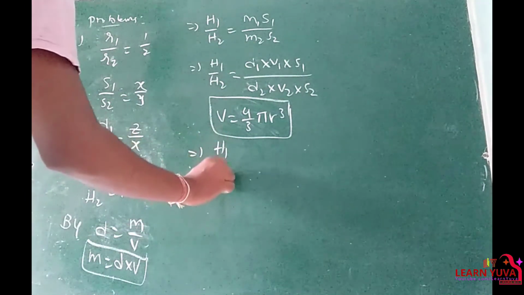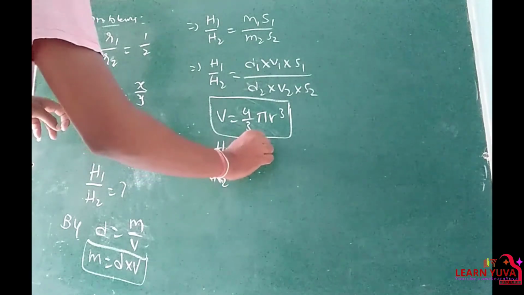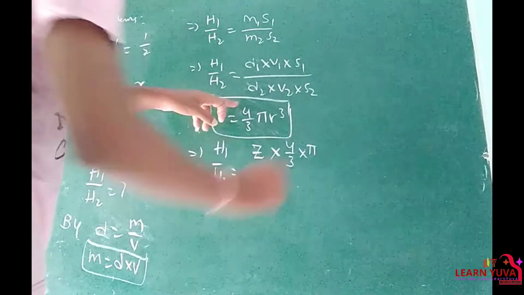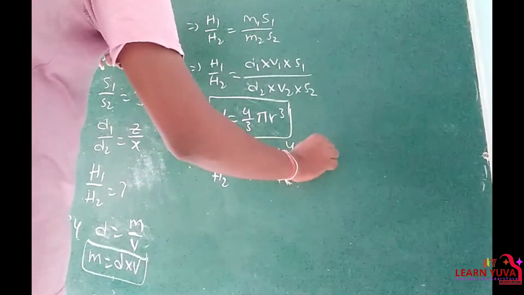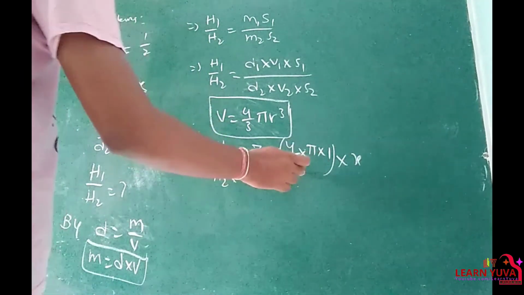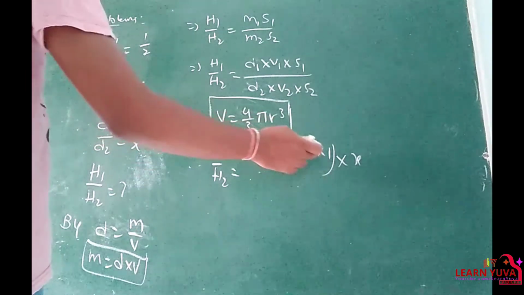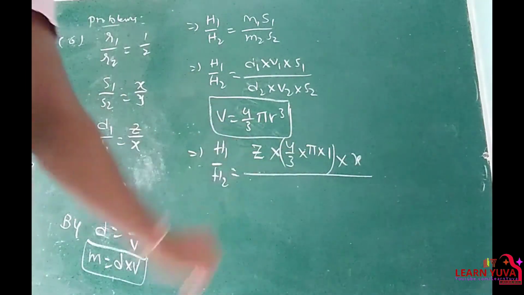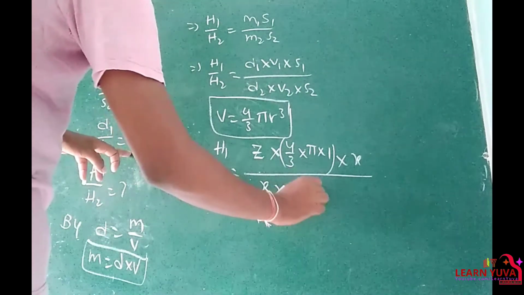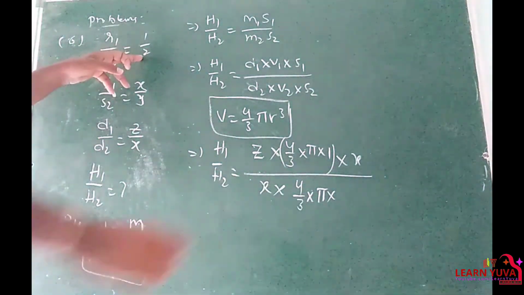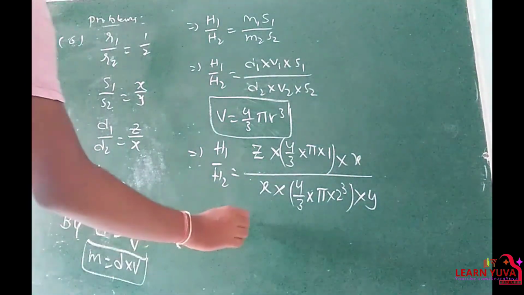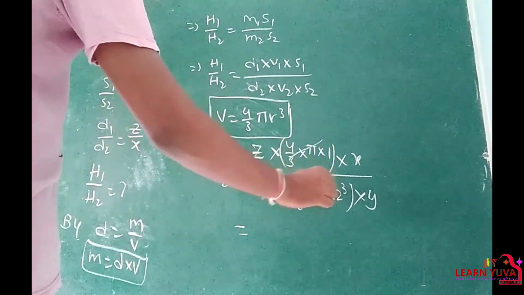That implies H1 by H2 is equal to D1 means Z into V1 means 4 by 3 into pi into R1, here 1 cube, into S1 is X. V2 is 4 by 3 pi R2 cube, R2 is 2, 2 cube means 8, D2 is X, into S2 is Y. So 4 by 3 pi gets cancelled.